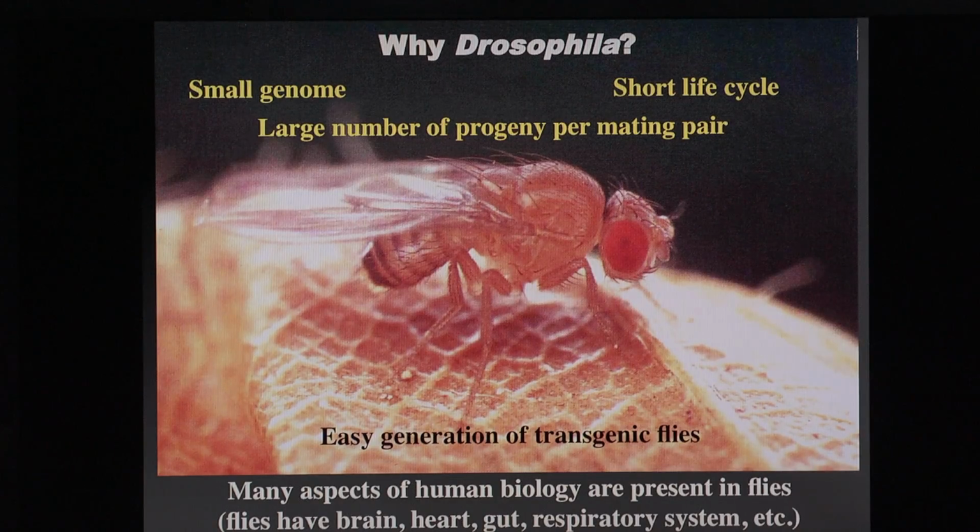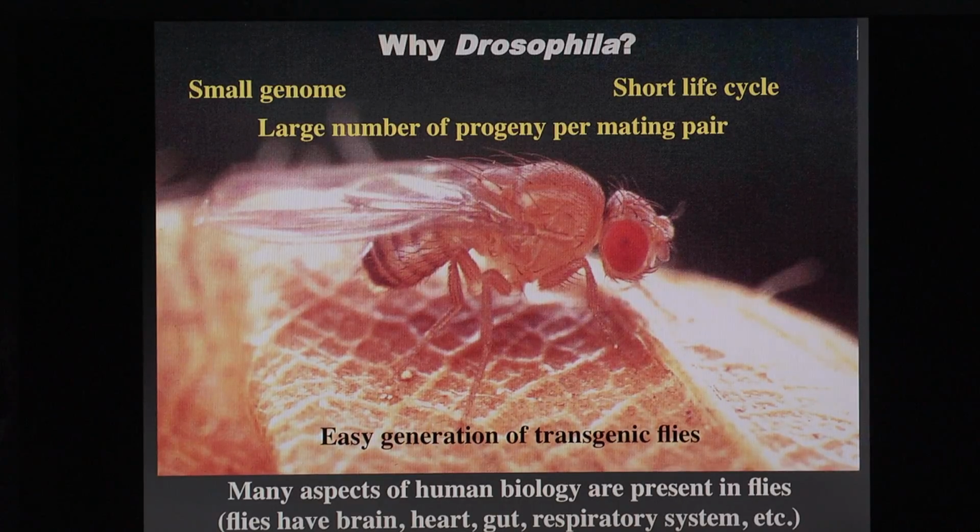Sometimes when I'm talking with people, in restaurants or somewhere else, they ask, what do you do? I work with flies. And so what? With flies? But I say, what do you do? Well, I analyze the brain. Do they have a brain? Really?